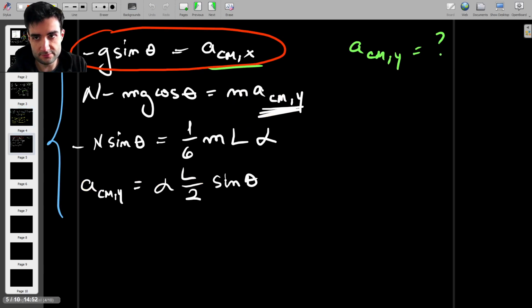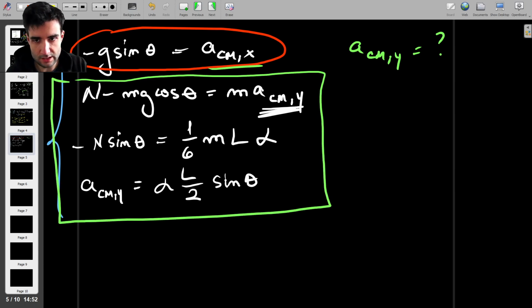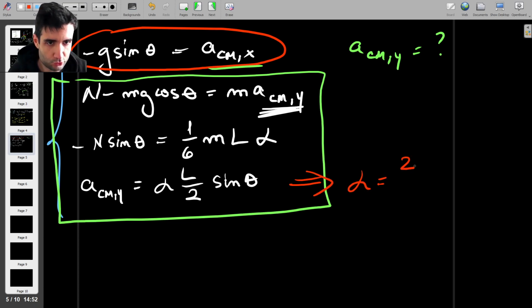So let's solve essentially those three equations. And to do that, I think I first want to eliminate alpha. So I'm going to say that alpha is equal to 2 times the acceleration of the center of mass in y divided by L sine theta.